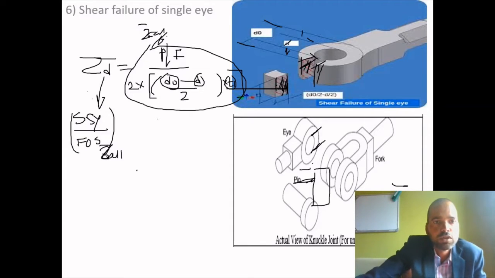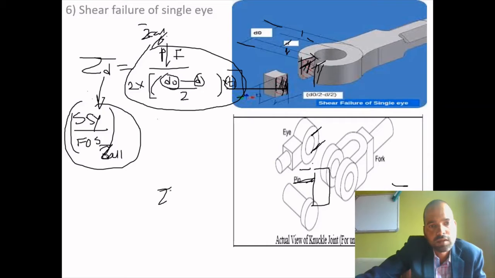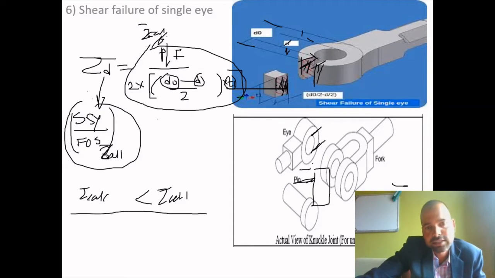What we have to analyze is that the value of tau allowable has to be greater than the value of tau calculated. Then and only then are the dimensions we have found safe.